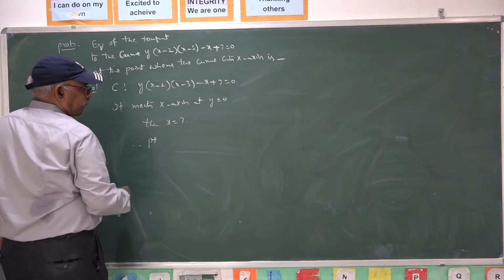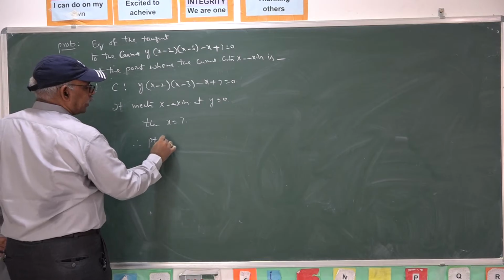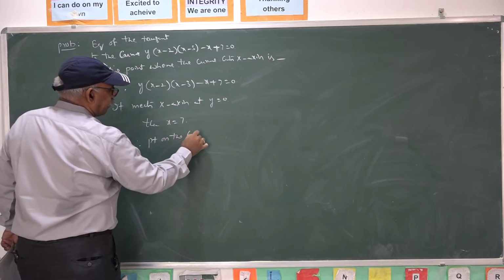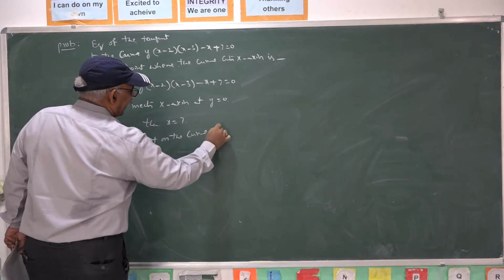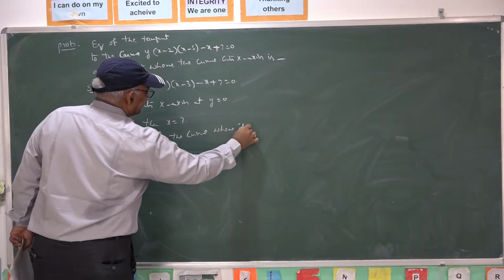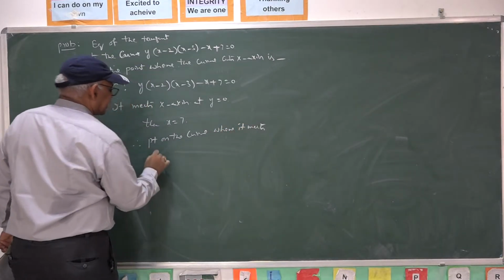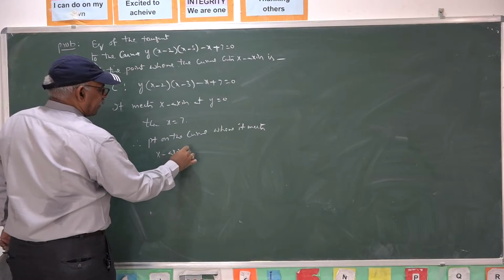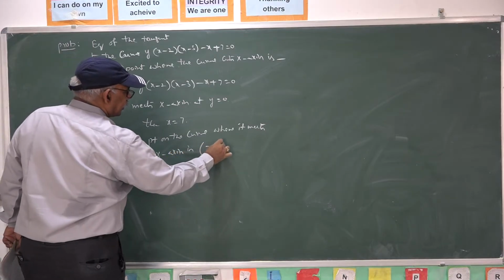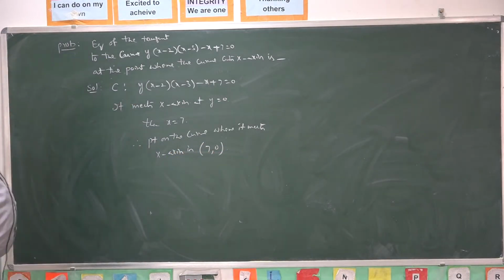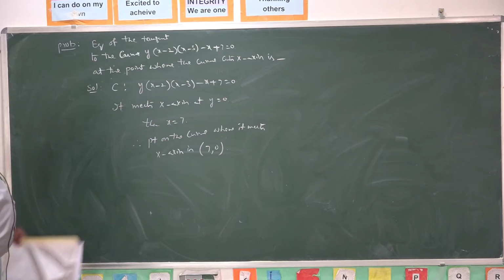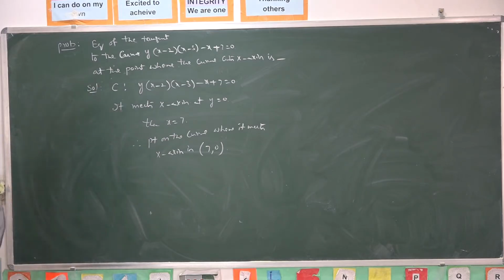So the point on the curve where it meets the x-axis is (7, 0).